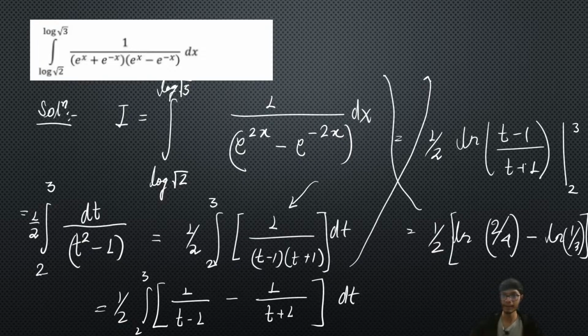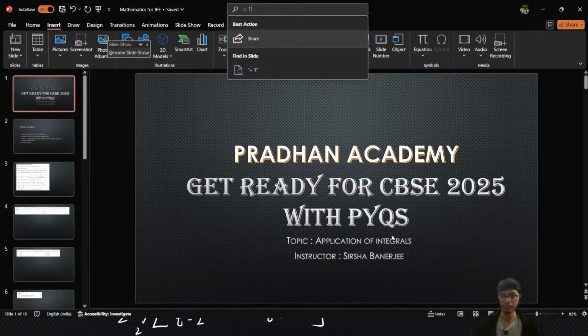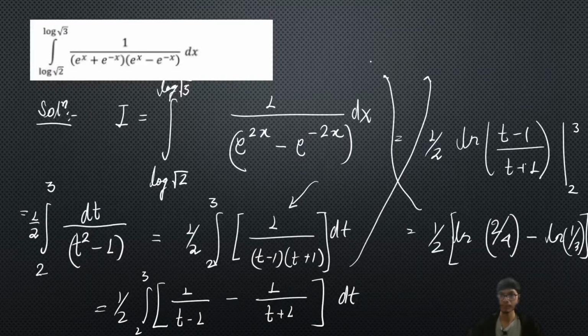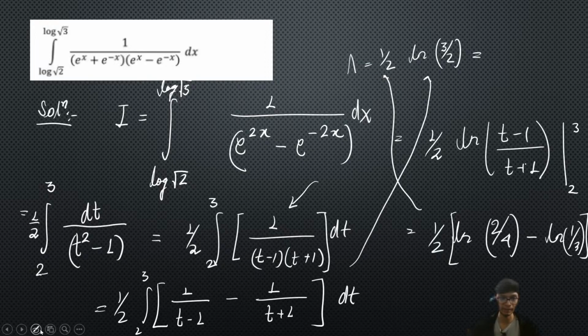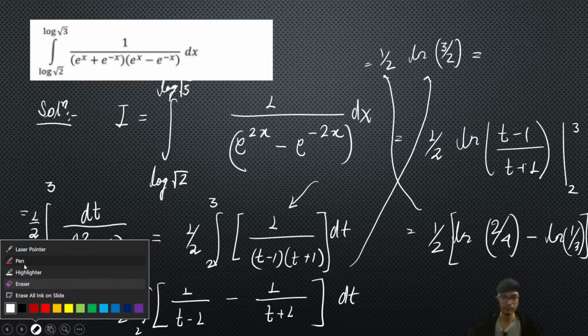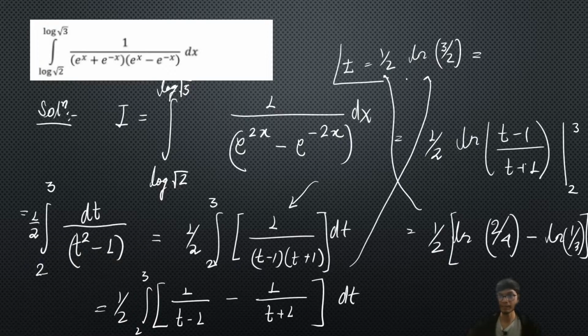By putting the limit, we get the answer as half times natural log of half minus natural log of 1/3. If you perform this, it is going to be natural log 3 by 2. So this is going to be the final answer of your integral.